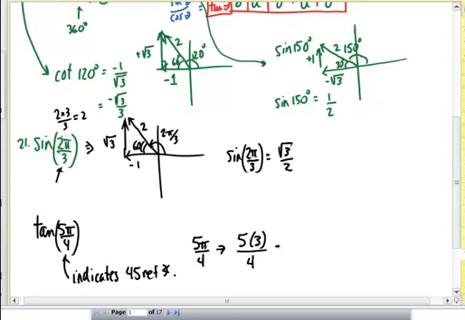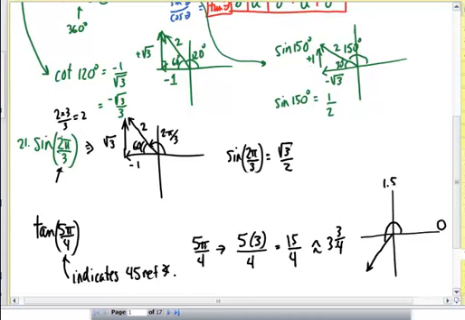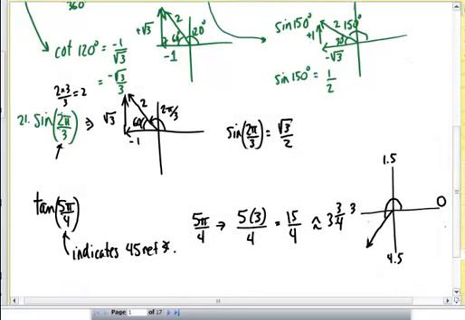So 15 divided by 4 is approximately 3¾. So we know we are in quadrant 3 because our quadrants go 0 radians, 1.5 radians, approximately 3 radians, and this is 4.5. So we know that our angle is going to be in standard position in quadrant 3.